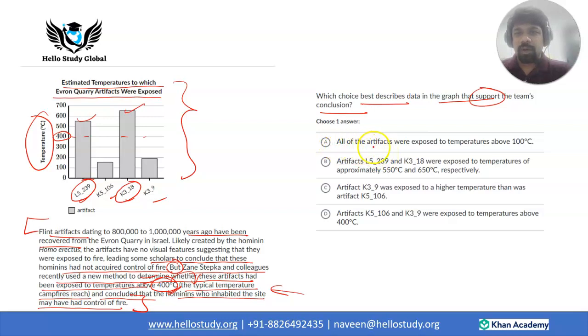A says all artifacts were exposed to temperature above 100. Okay, 100. Yes, that's factually true, but we had to prove that they were exposed to fire. So we have to talk about temperature above 400 degrees Celsius. A cannot be the right answer. Okay.